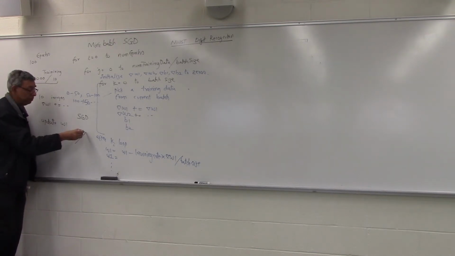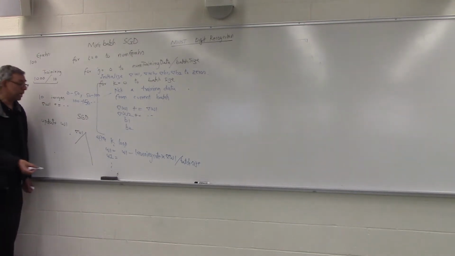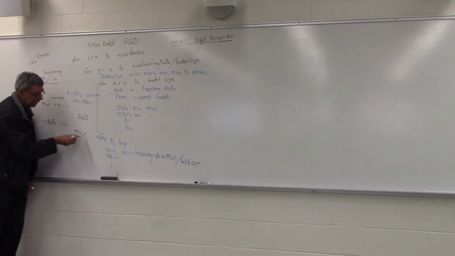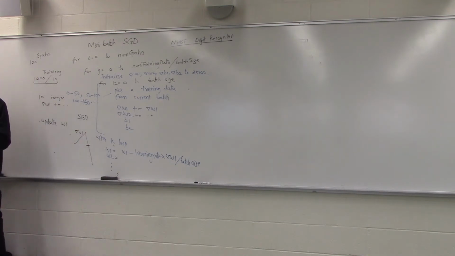The second sample we look at may reduce it way down. But in reality, even if the second one is bringing it down and the first one is increasing it, if we took the average of the two and adjusted it, it will be better. It will be slightly more stable. So even for 100 epochs, the loss should be better for the mini batch than the SGD, in terms of the loss.